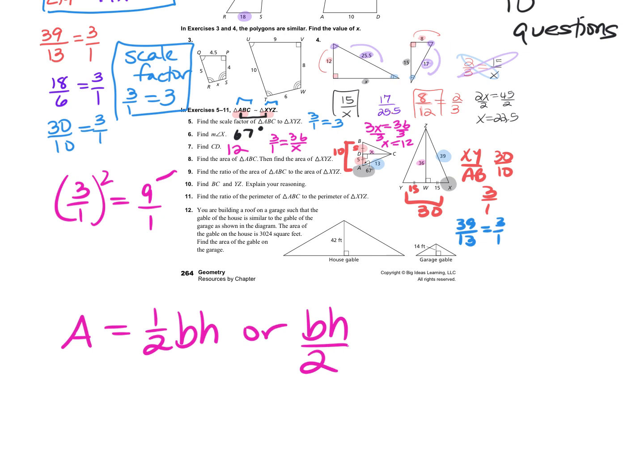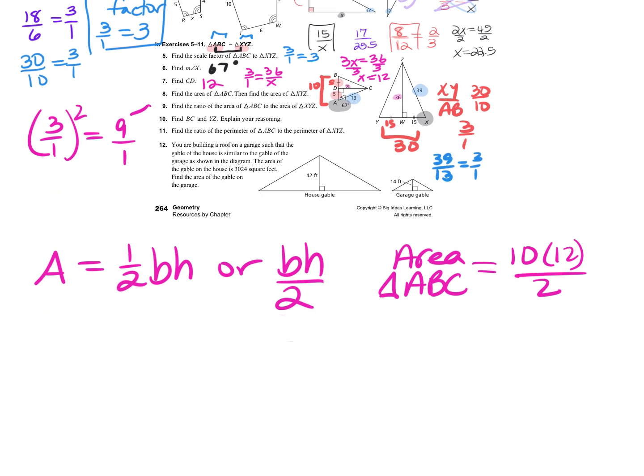So for the area of the little triangle ABC, I need to do base, which is 10, times height, which I just found to be 12. So base times height, divide by 2, and the area is going to equal 60.